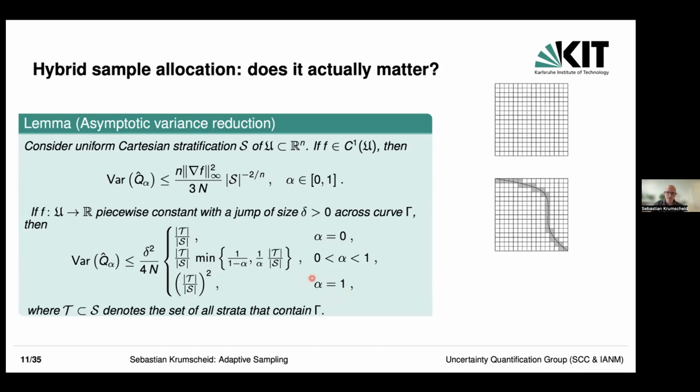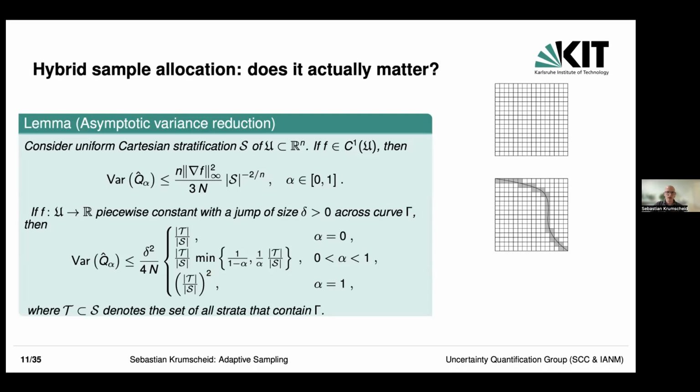The interesting thing is that if we get into this range of alpha that is slightly smaller than 1 but sufficiently bigger than 0, we actually get, up to a certain prefactor, the same power on this ratio of the size of calligraphic T over the size of calligraphic S. So the hybrid allocation does have its perks in this particular setting.